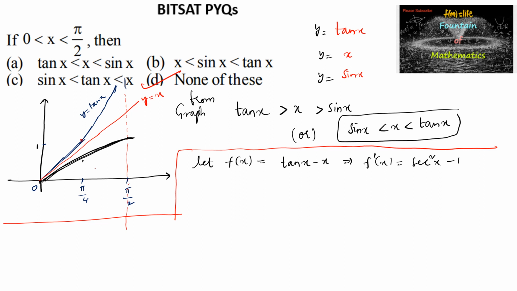So secant square x minus 1 is always greater than or equal to 0, which implies that f is increasing, so tan x minus x is greater than 0. So we can say tan x is greater than x.